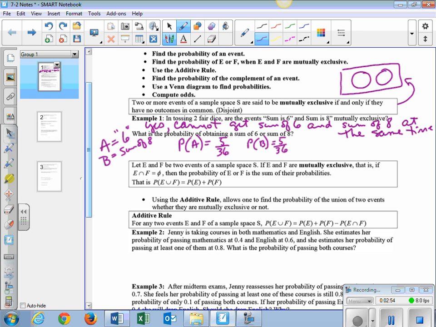Okay, so when I think about that, what's the probability of getting a sum of 6 or a sum of 8? And I'm going to be using that additive rule. The probability of A union B would be the probability of A plus the probability of B minus when it happens at the same time.